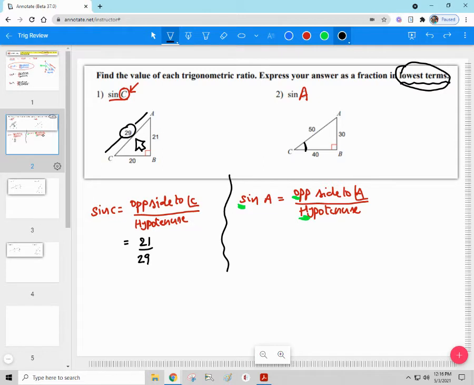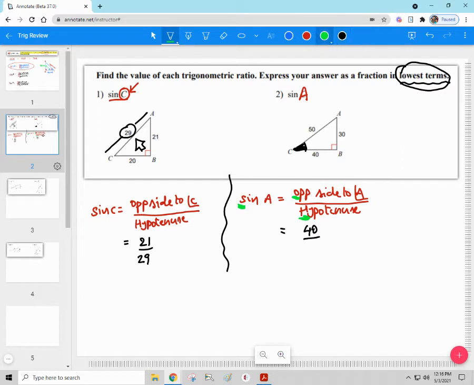Again, I am repeating. Suppose if you are asked to find sine C, then the opposite side will be opposite to angle C. But here in this question, you are asked to find sine A. Therefore, the opposite side to A is what we have to take, which is 40 units over hypotenuse.